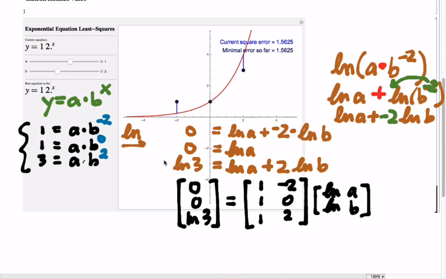Right? But I've now made my system into a linear system, and we can go forward and use the tools of linear algebra to solve this. Just remembering that the solution of this, we then have to re-exponentiate to get our A and our B back out.